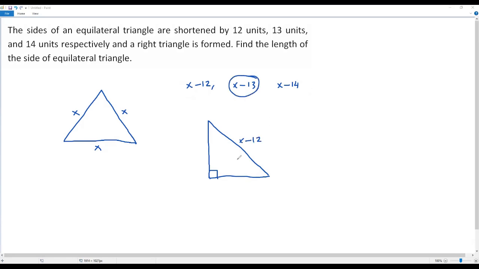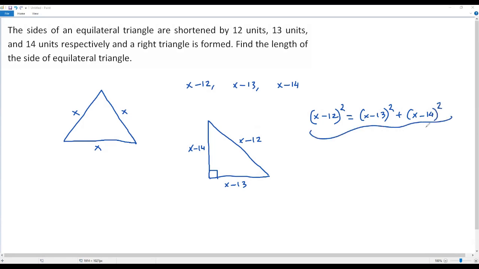And we can take this one as the length of one of the other two legs. Let me take it over here. And this is the length of the third leg, that is x minus 14. Now we can apply the Pythagorean theorem in this right triangle. That is, the square of the hypotenuse, x minus 12 the whole square, equals the sum of the squares of the other two legs, that is x minus 13 the whole square plus x minus 14 the whole square.